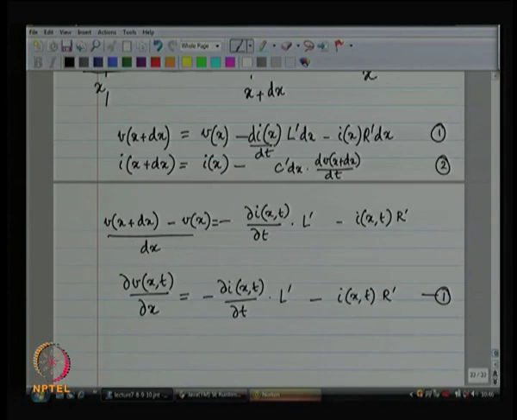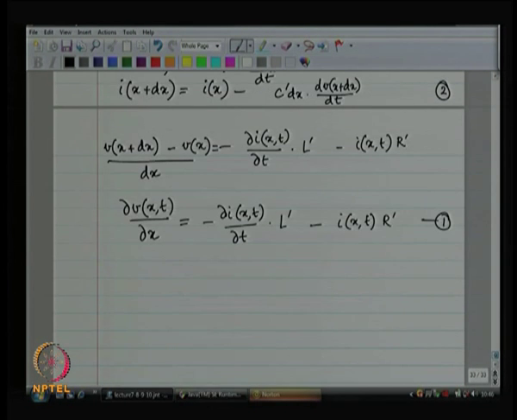And if I rewrite equation 2, similarly, I am going to get ∂I(x,t)/∂x, and that is going to be equal to minus ∂V(x,t)/∂t times C prime.